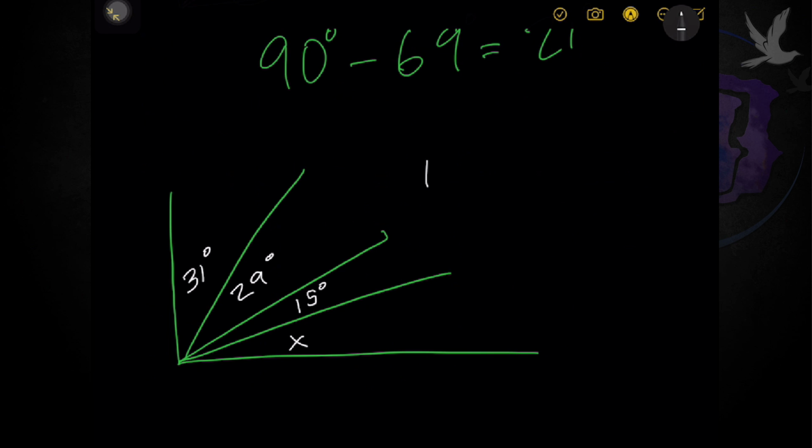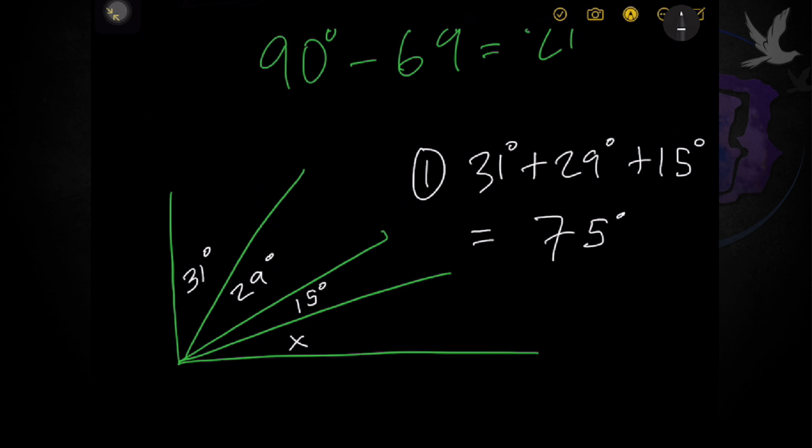Again, first things first, all you have to do is add all given angles. In this case, we have 31 degrees plus 29 degrees plus 15 degrees. Okay? That will give you 75 degrees.